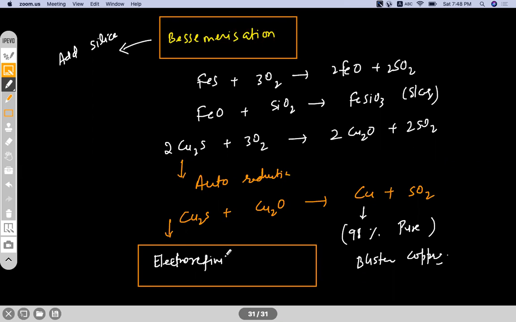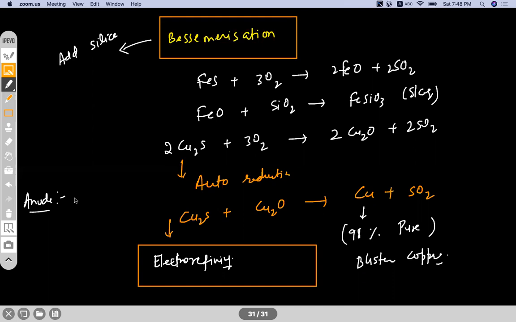Electro refining also we can do here. So tell me one thing in electro refining, because sometimes they ask, what should be the anode here in electro refining? Anode is pure or impure metal? Thin or thick?